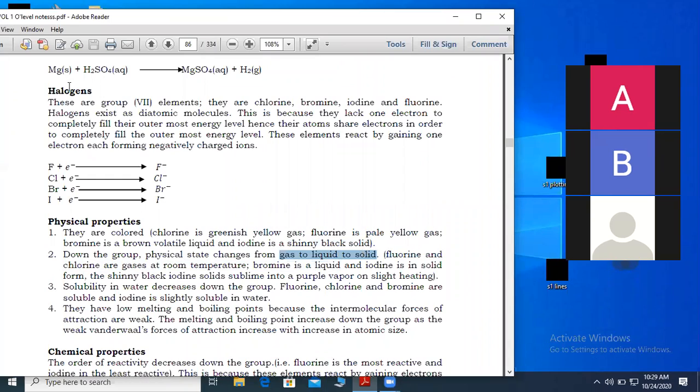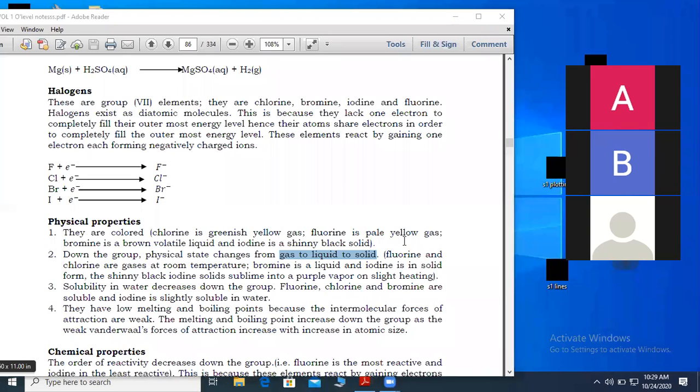For example, fluorine can only exist as a gas. Chlorine can exist as a gas. Then it can also exist as a liquid. By the way, chlorine can also exist as a liquid because it is the one that we usually have in jik, and water guard, for treatment of water.